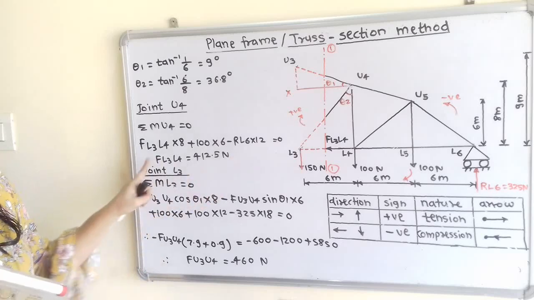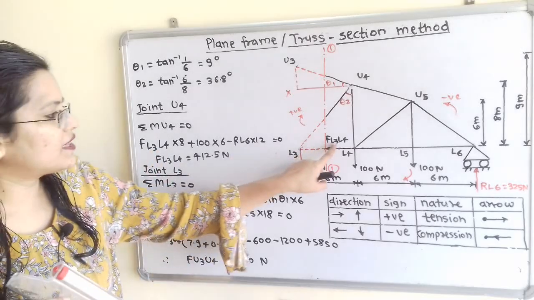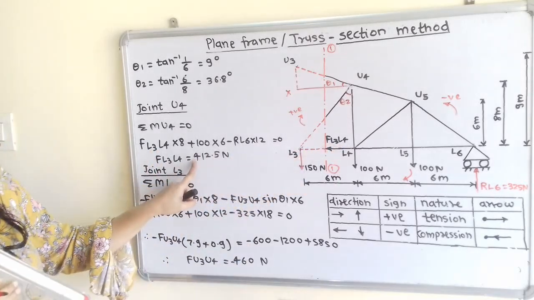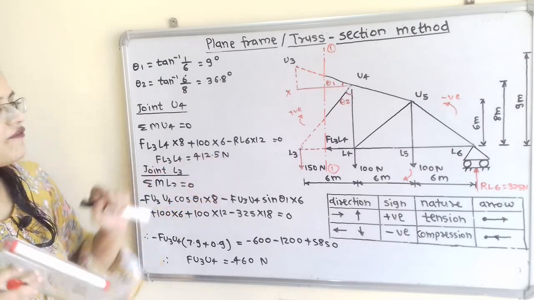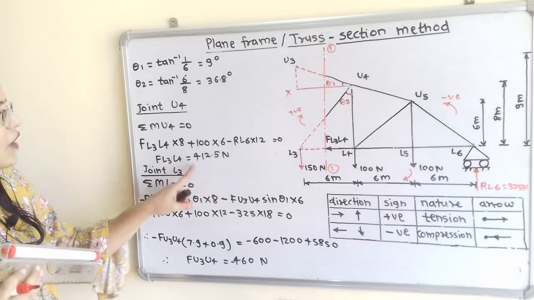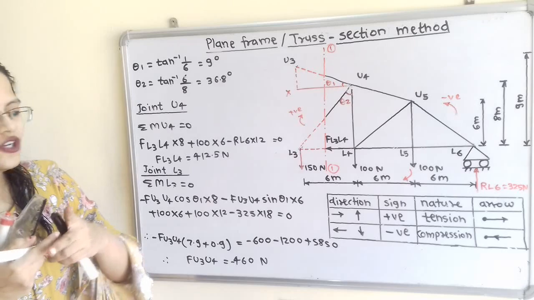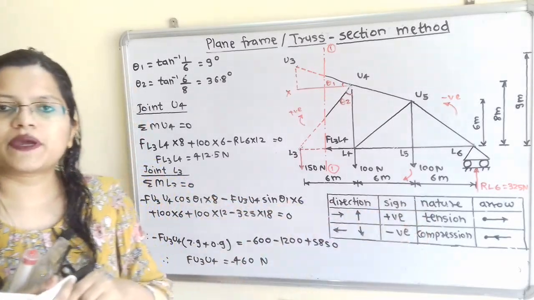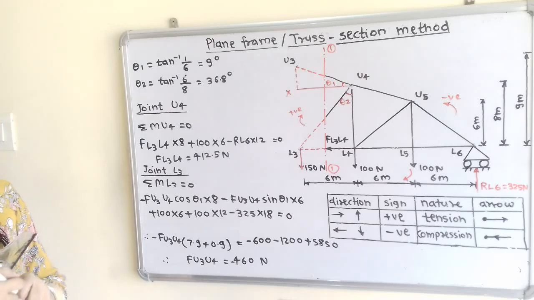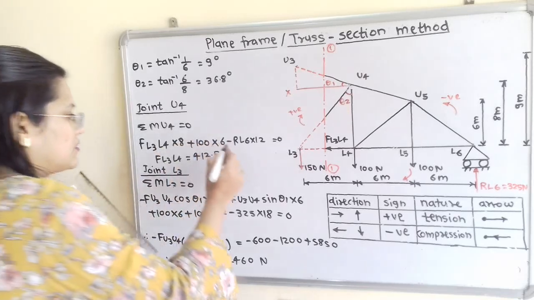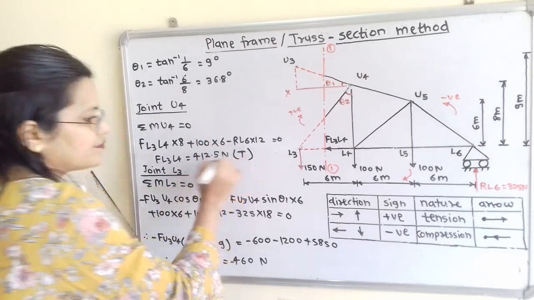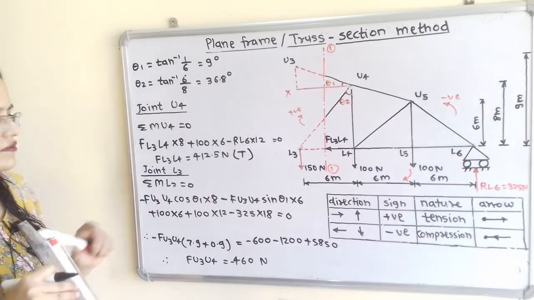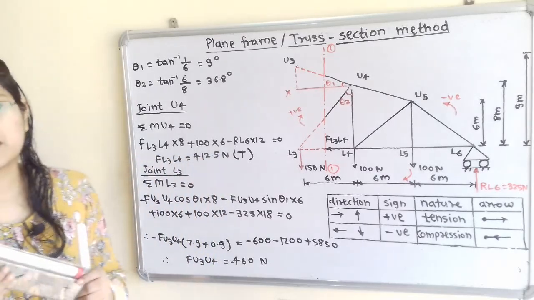When we calculate, we get FL3L4 equal to 412.5 Newton. This is a positive answer, so the nature of force in the member is tension, and we show that. Now we will move to the next.